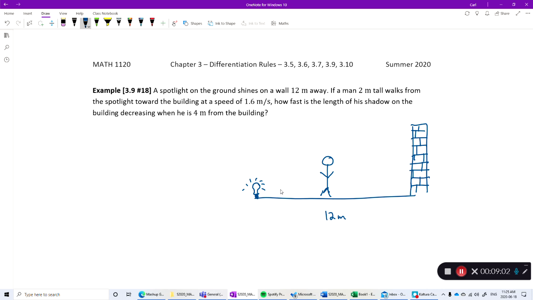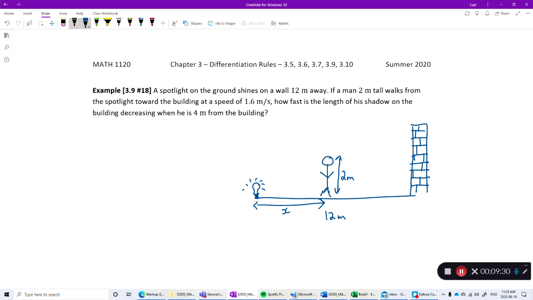So what we actually have to do here is define this distance as a variable. He's moving towards the wall, so why don't we make this x here? The x is increasing. The man walks, so his height is 2 meters, toward the building.